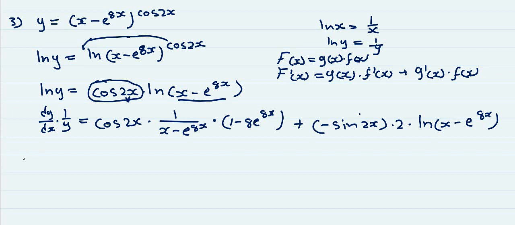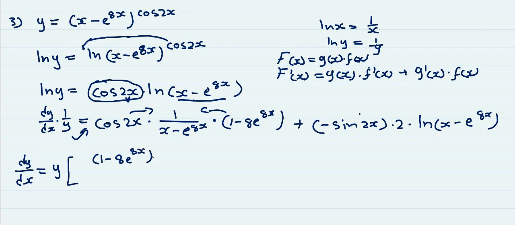So write dy over dx finally, and multiply by y, in brackets. Then we want to simplify: cos 2x multiplies the top, 1 minus 8 multiplied by e to exponent 8x, in brackets multiplied by cos 2x, all divided by x minus e to the exponent 8x.